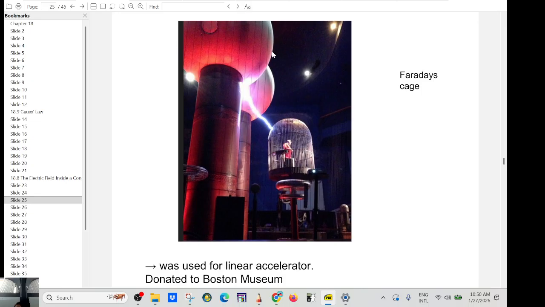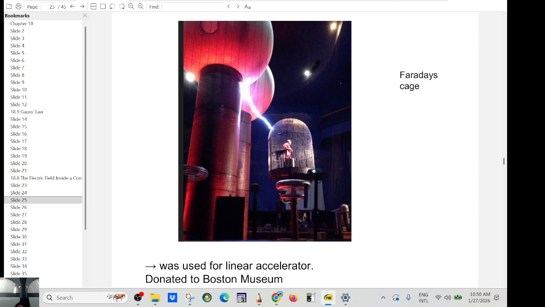The Van Graaff generator was invented by someone from MIT to make accelerators. So then they were donated to the museum. And you see it's going to discharge here because it's going to find a way to the ground. But the guy inside is safe. You just don't want to touch the cage, right? But inside it's going to be safe.